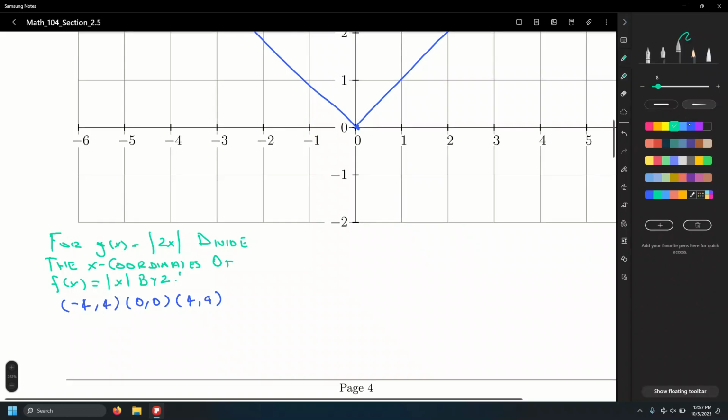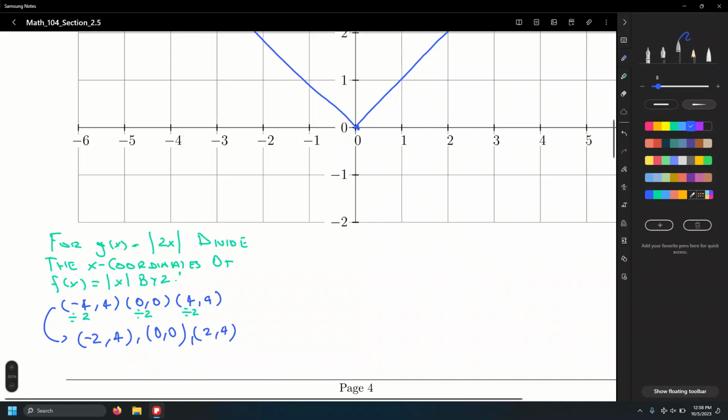Divide by 2, divide by 2, divide by 2. This will become -4 over 2, that's -2, comma 4. And then 0 divided by 2 is still 0, so 0, 0. And 4 divided by 2 is 2, so 2, comma 4.